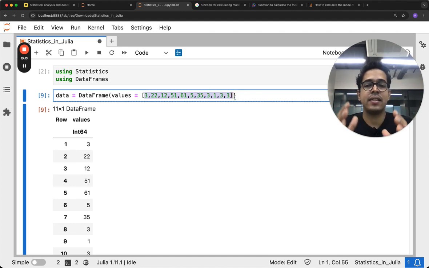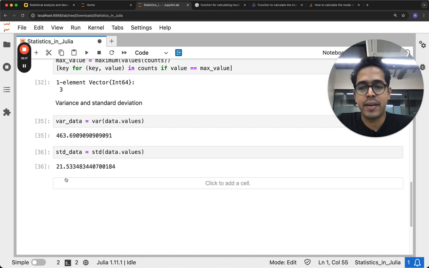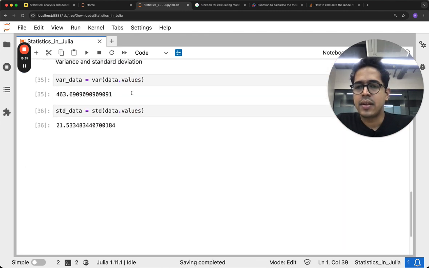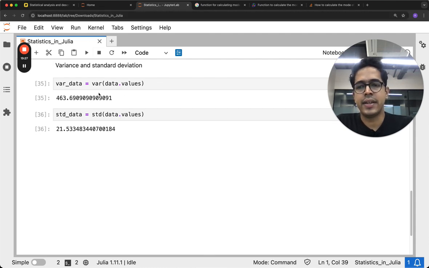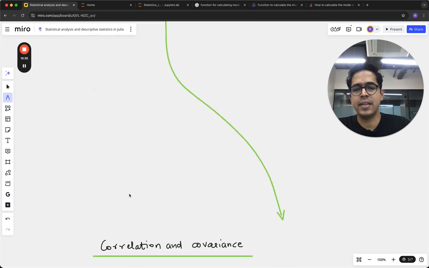It makes sense that this data can have a standard deviation of 21.5, because the minimum number is 1, maximum number is 61. So it has a good spread. So this is variance and standard deviation, fairly easy. We don't have to define any custom function. These are all already inbuilt functions. So that is variance and standard deviation.